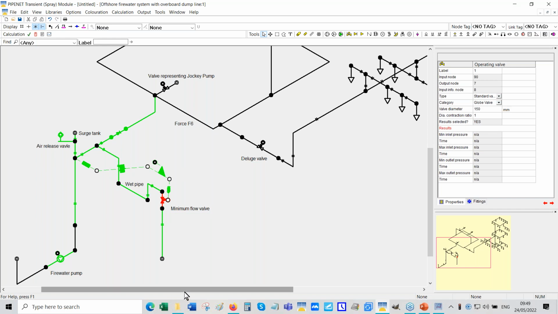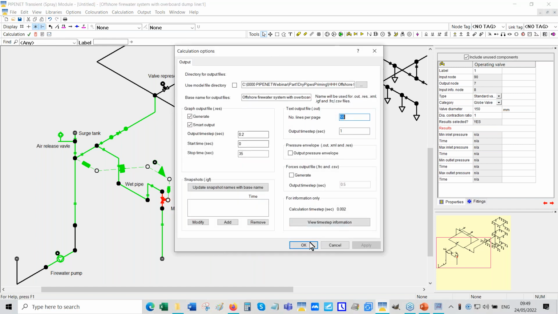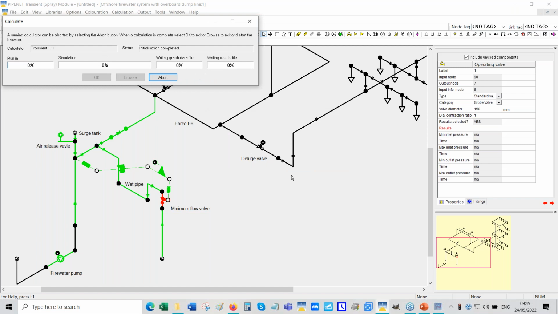The main point about this is not that. And, of course, this is useful to know how to create this model. And the main point about this is what happens to this flooded part. We'll speed up a little bit because initialization is a little bit slower in this case.